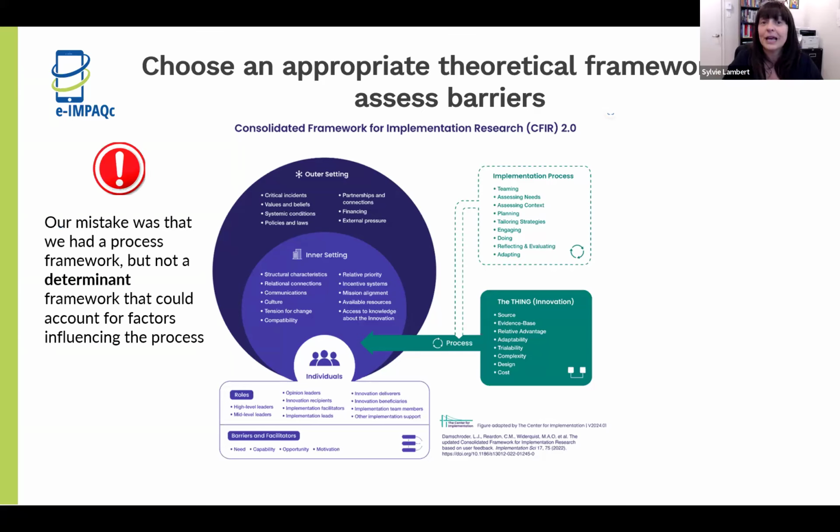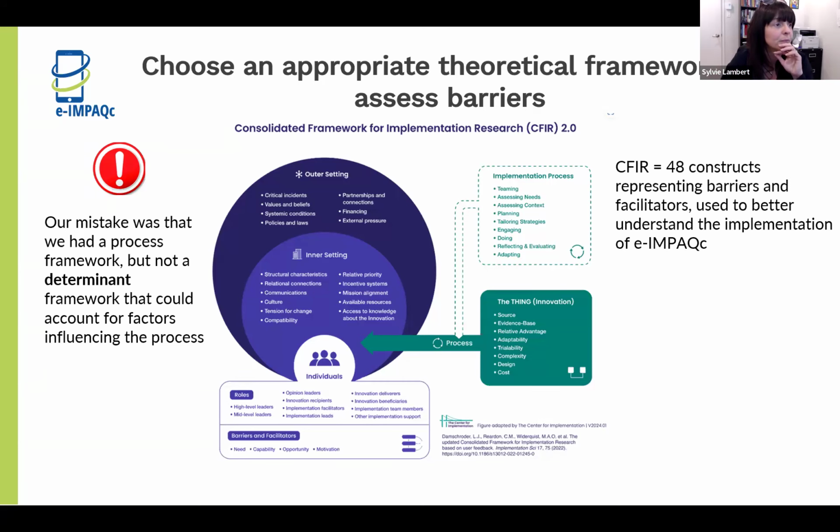And so our mistake was that we had a process framework, but we didn't have a determinant framework to really be able to say, okay, these are the problems. Remember the oncologist that told me I don't want another presentation? If I had assessed that setting before, I would have known that they had high buy-in, but they were lower on other barriers.